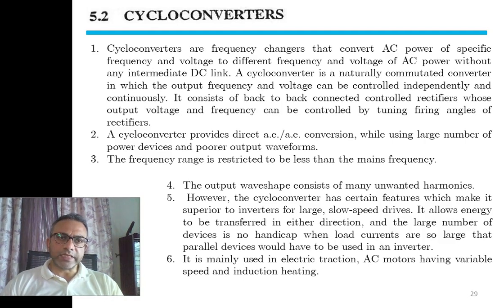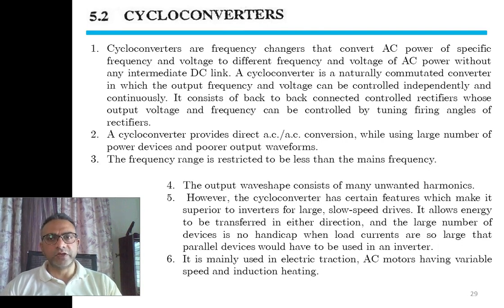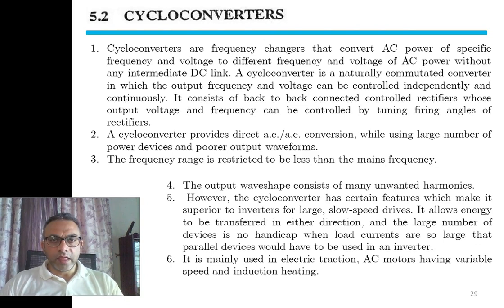A cycloconverter provides direct AC to AC conversion while using large number of power electronic devices and poor output waveforms. This is a drawback, that it uses large number of power electronic devices while it also produces an output of poor wave shape. The output frequency of the cycloconverter will always be less than the mains frequency.